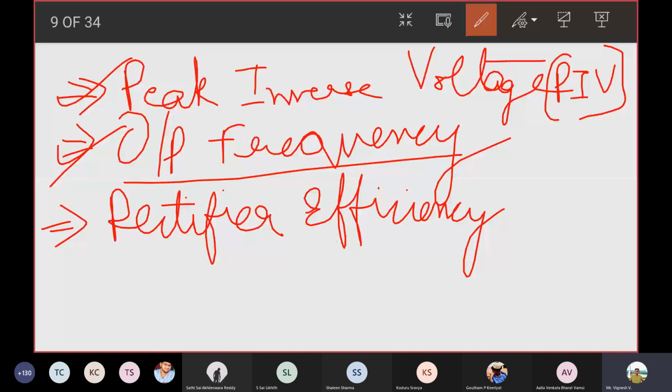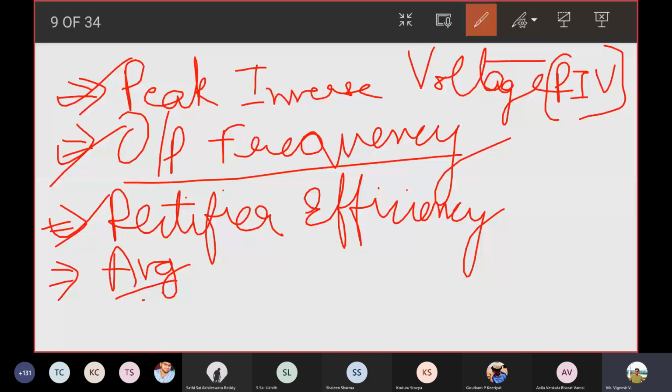Then another important parameter is what we call the average value, or it can also be called the DC value. What is the DC value at the output? Say you have a multimeter, maybe in your 12th or second PU.